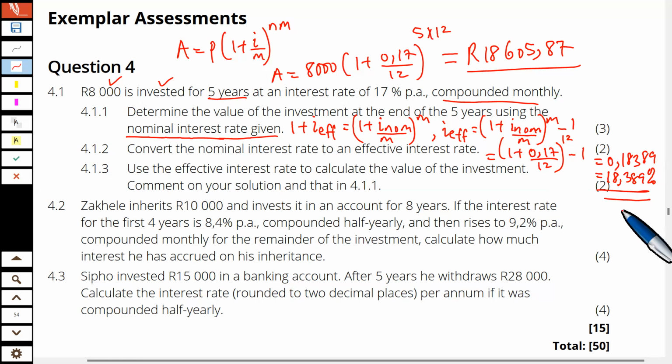So this is the answer to the question. Okay, so that's the answer. Right, so this is the answer to the 4.1.2 part where we had to convert the nominal interest rate to an effective interest rate.